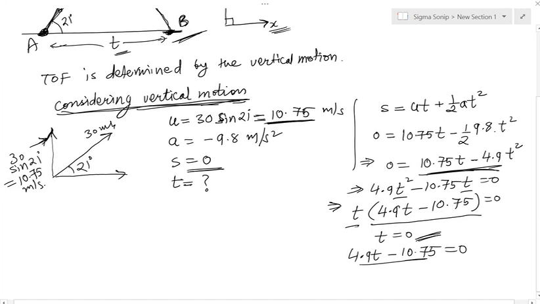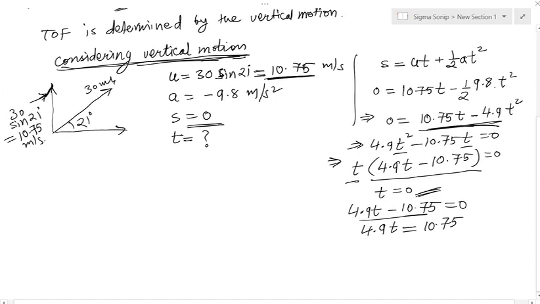This is the first solution, and for the second solution we need to solve this equation. I transfer 10.75 to the other side. I get 4.9 t equals 10.75. Dividing both sides by 4.9 will give me the second solution, and this is 2.194 seconds. So we see that there are two solutions.